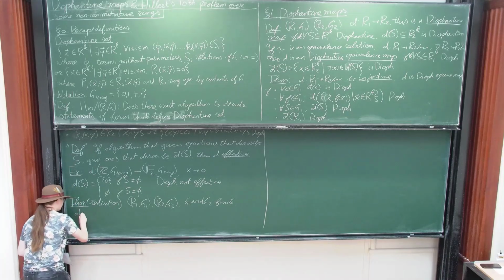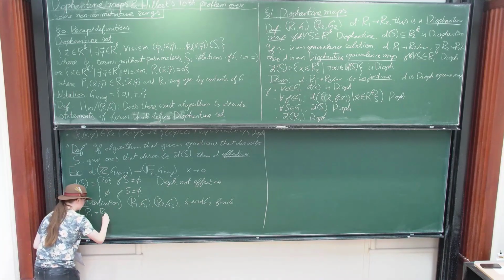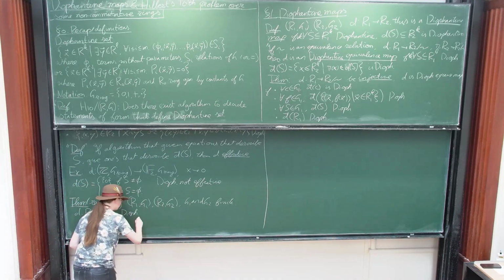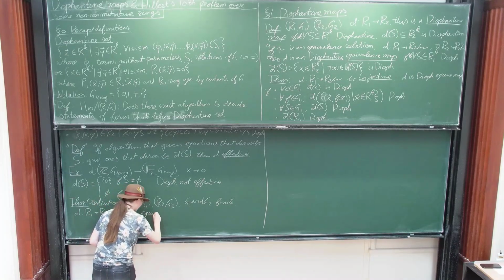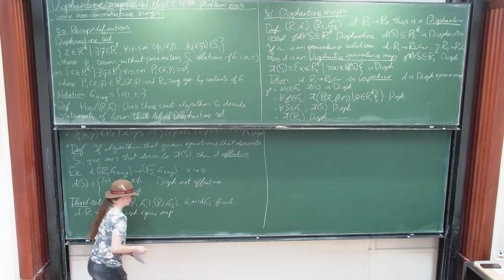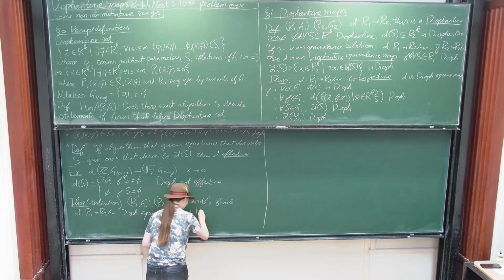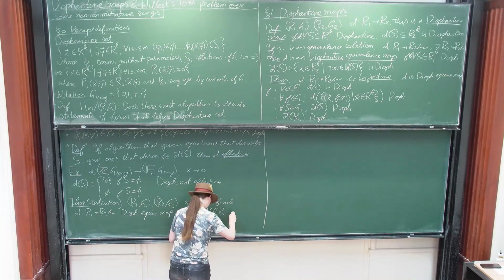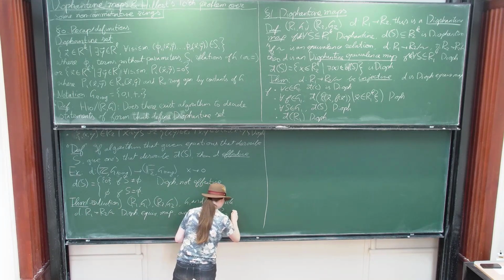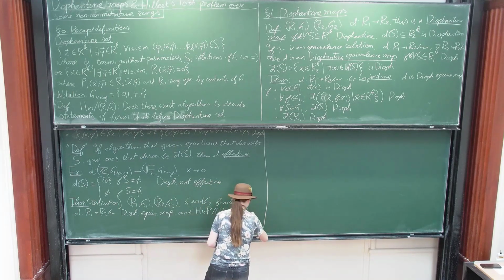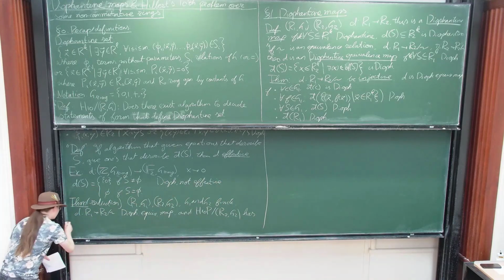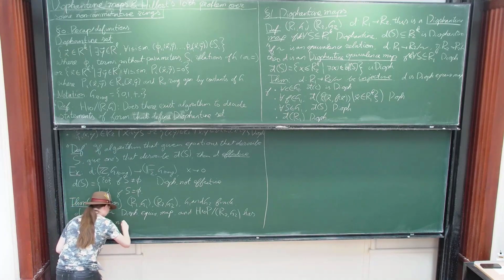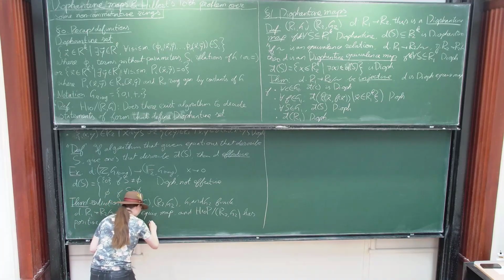And so if we have the R1 to R2 Diophantine equivalence map, and we know that Hilbert's 10th problem over the second ring, R2, L2, has a positive answer, then so does the first ring.